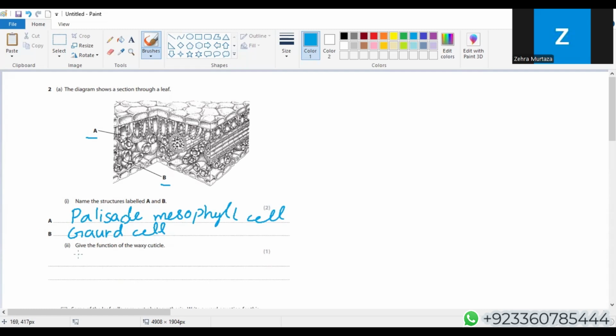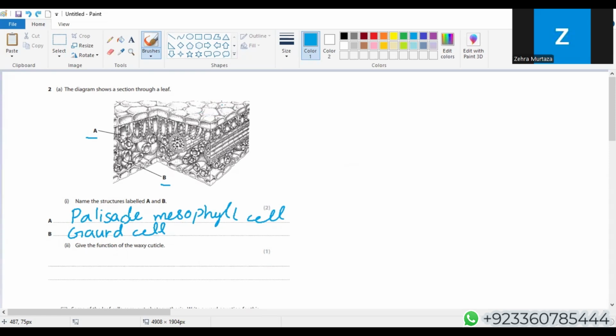Then they are asking, give the function of the waxy cuticle. It's a 1-mark question, and you should know what the waxy cuticle is. The waxy cuticle is the layer on the upper part of the leaf.